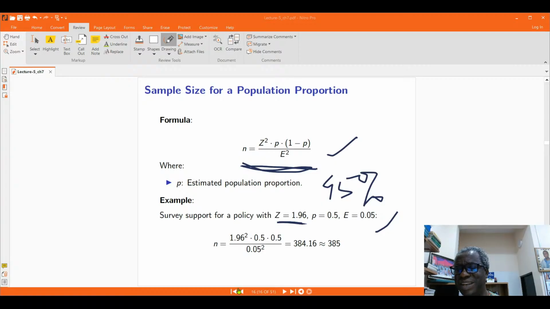Yes, Nagiat, I'm also responding to how 384.16 to 385. I hope that is clear now. So if I'm selecting two people from your class, will I also be able to select 1.5 people?